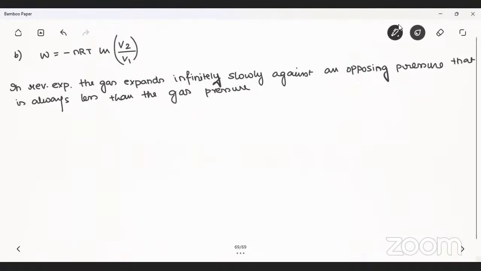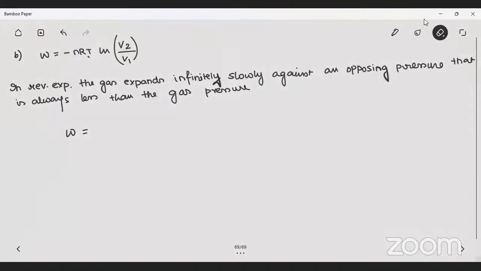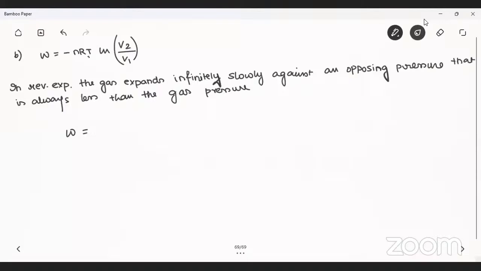So W is equal to minus 300 R, where 300 is the temperature. Okay. You will not understand this again. So is the question copied? Yes or no? Yes, ma'am.